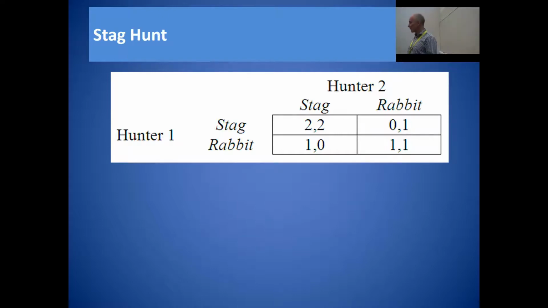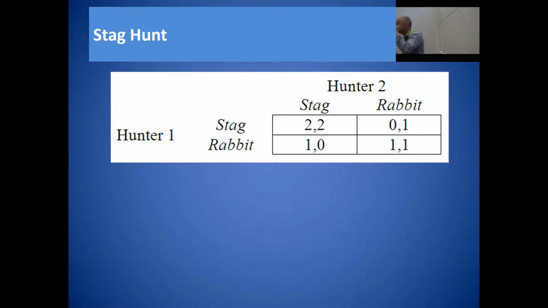The next preferred outcome is just to get the rabbit. And any hunter, for example hunter 1, will always catch a rabbit if he pursues it. So he gets a payoff of 1 there, bottom left, a payoff of 1 there, bottom right. And then he gets a payoff of 0. Either hunter would get a payoff of 0. So bottom left there, top right there.